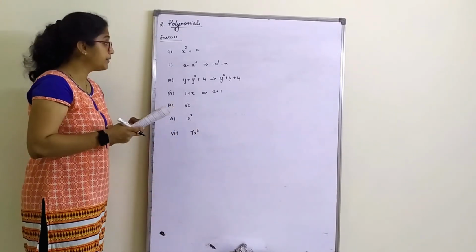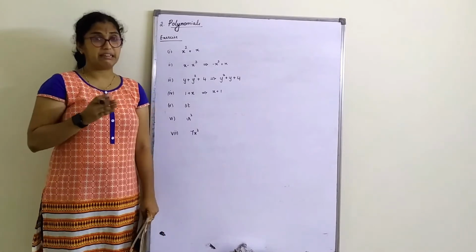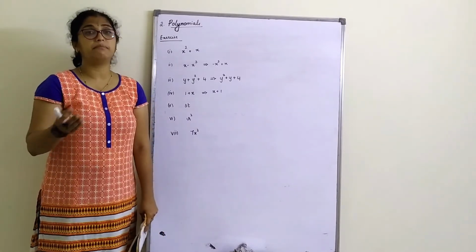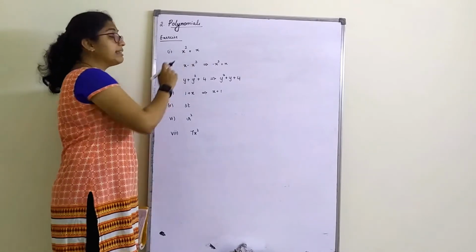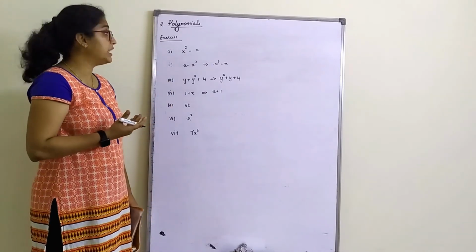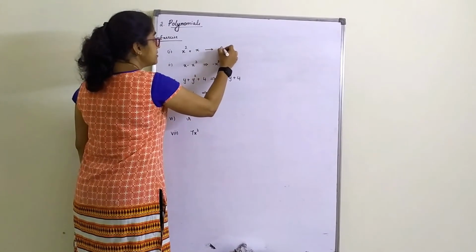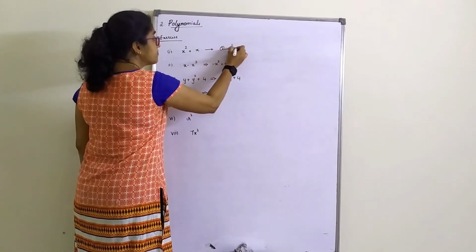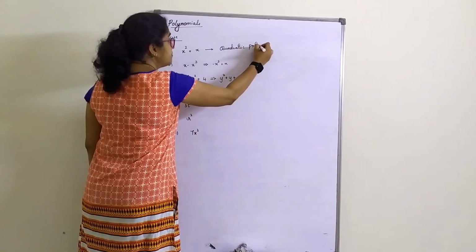Okay, the first one, see here, understand the degree. Based on that you can remember or write the polynomial type based on the highest degree. Look at the degree of the given polynomial. The highest degree is 2, so the polynomial given is quadratic. Right? It is a quadratic polynomial.